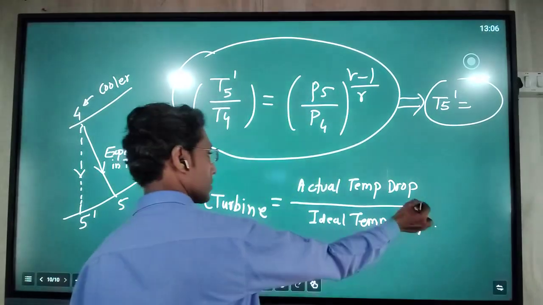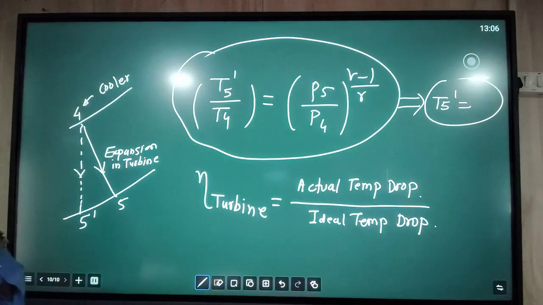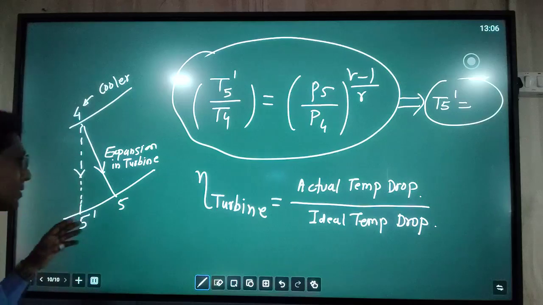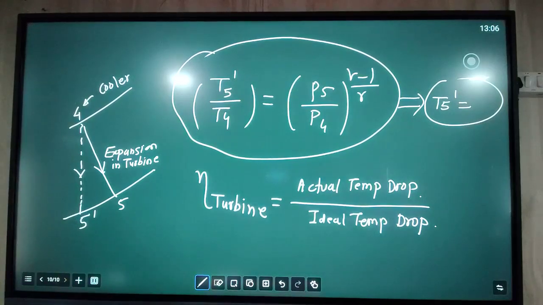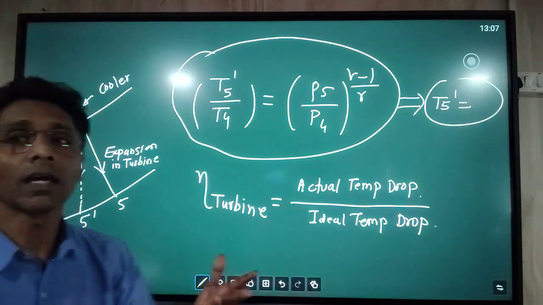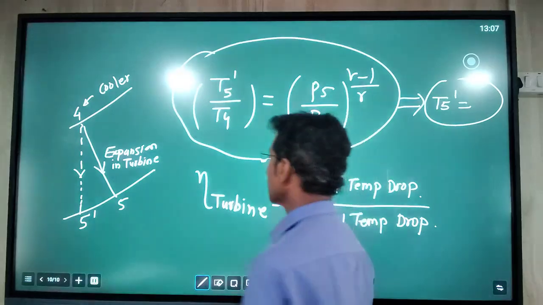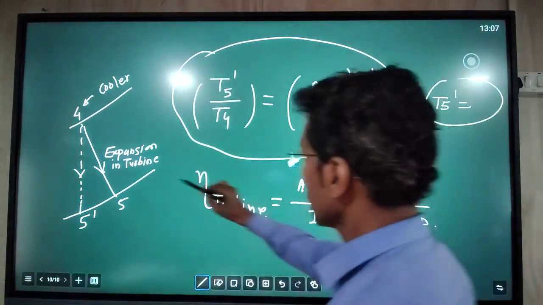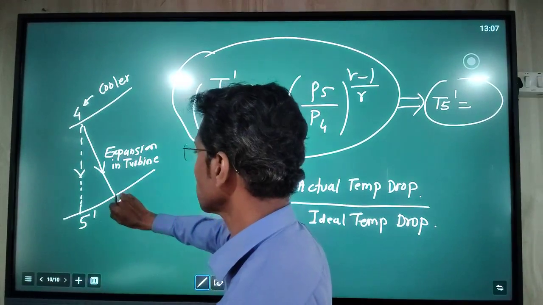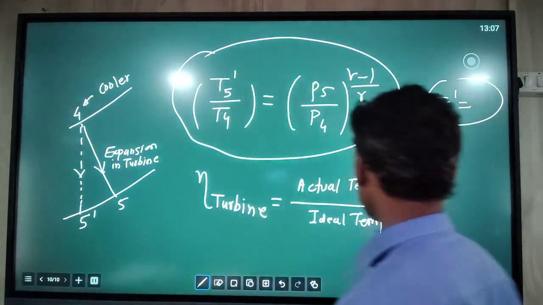Now this formula is opposite to the formula of the compressor. Opposite in concept. To memorize, if it is getting difficult, we can see that efficiency is always less than 1. If you take the smaller difference divided by the larger difference, that will give efficiency less than 1. That is why here we have to take the actual temperature drop during the expansion process divided by the ideal temperature drop.